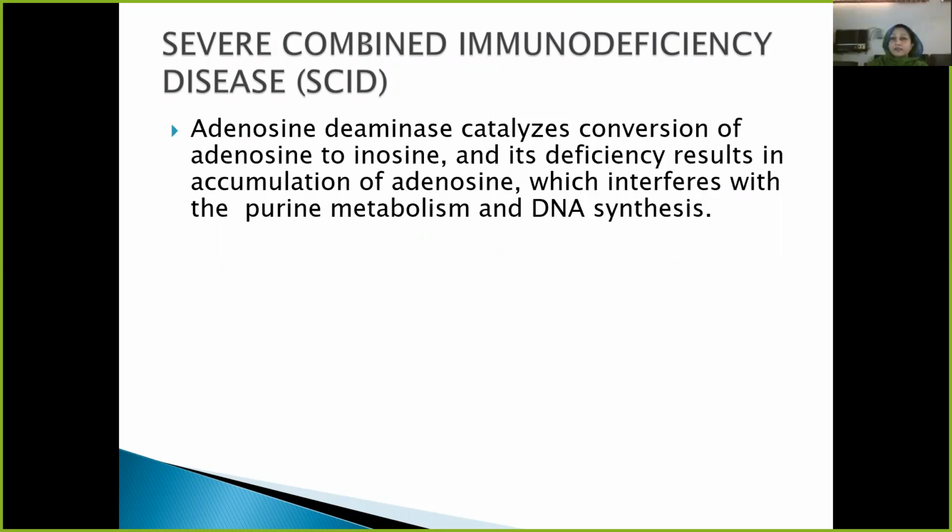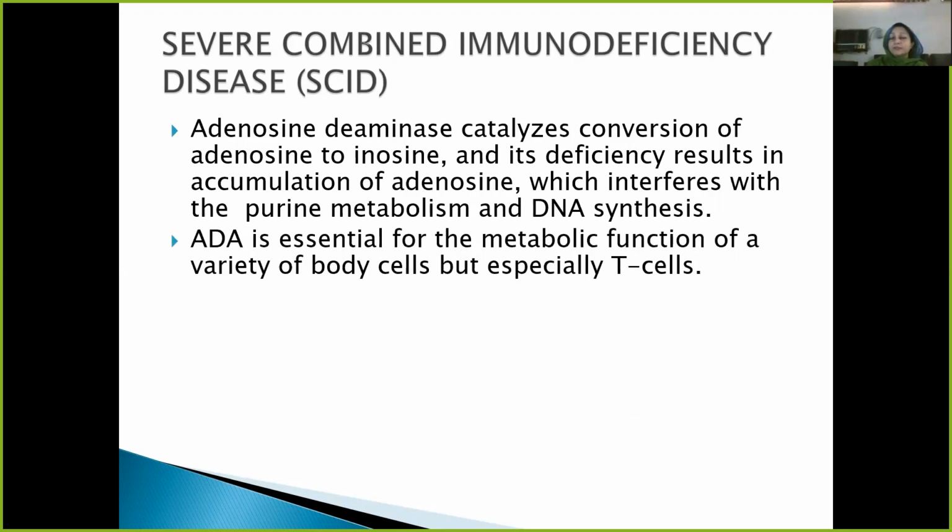Adenosine deaminase catalyzes the conversion of, as I have told you, adenosine to inosine, and its deficiency results in accumulation of adenosine. ADA is essential for the metabolic function of a variety of blood cells, but especially the T cells.